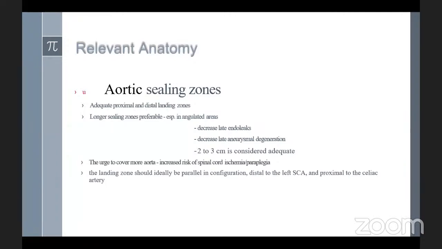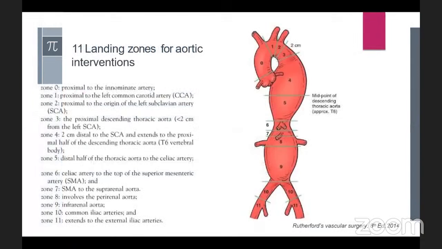Of course, as we cover more aorta, it will increase the risk of spinal cord ischemia and paraplegia. So, ideally, the landing zone distal to the left subclavian artery and proximal to the celiac artery is the ideal landing zone.